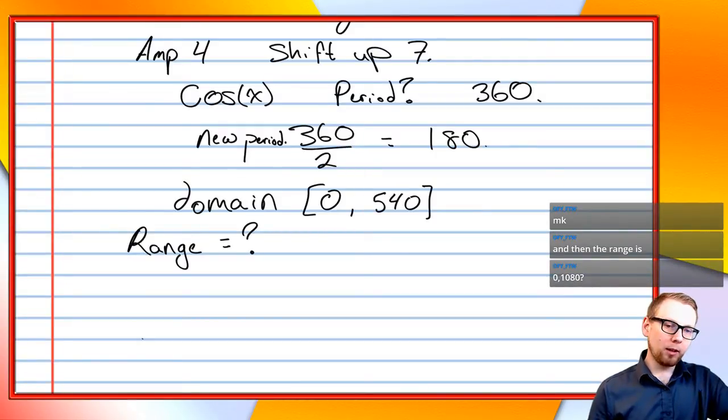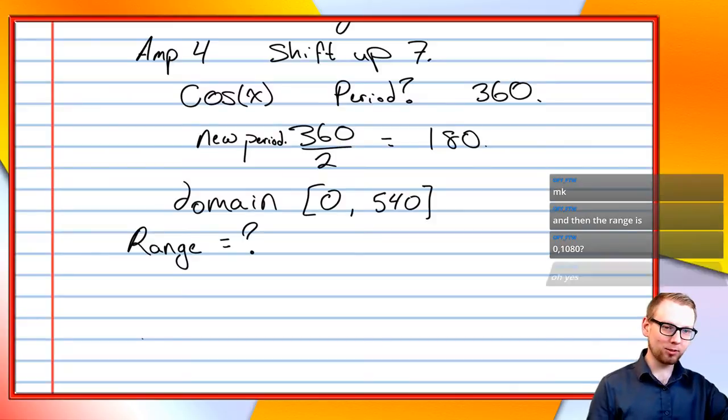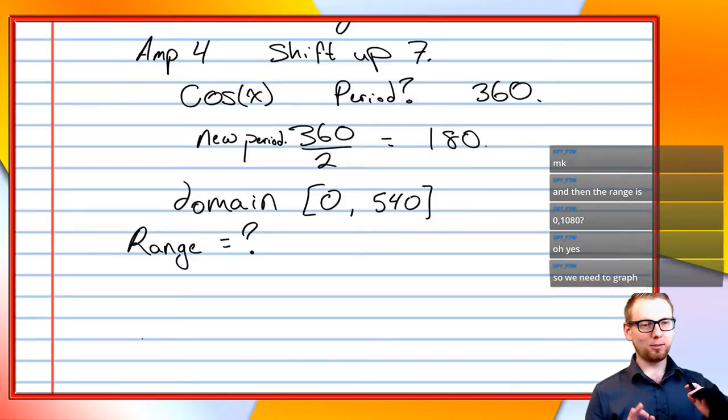No. Remember, we have to find the range. You're just trying to guess numbers all the time. Quit guessing numbers. We don't even need to graph it. We can just manipulate the numbers.